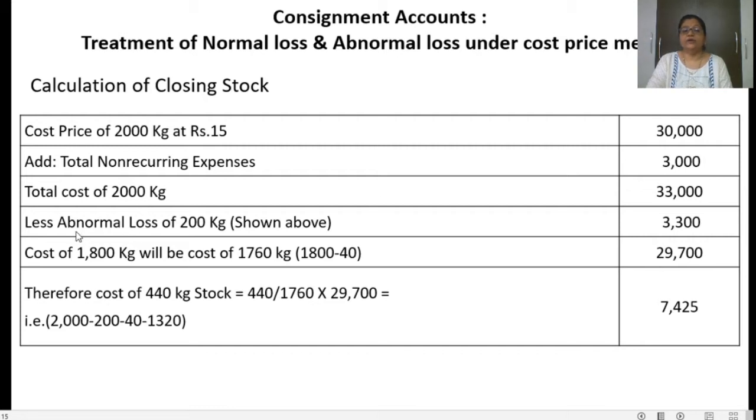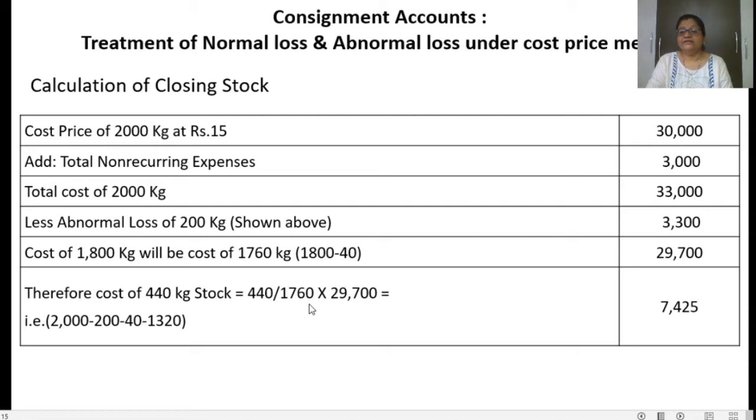From that you have to deduct the abnormal loss. Just now we have calculated 3300. So from 33,000 if you deduct 3300, it is 29,700.